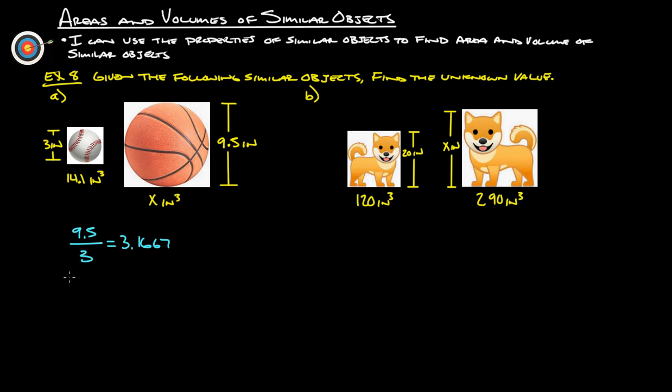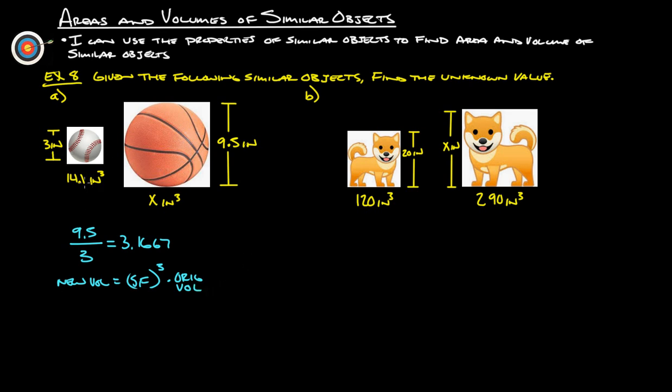And then if you'll remember our little formula from the beginning of the notes here, the new volume is going to equal the scale factor, since it's volume, it's 3 dimensions, cubed times the original volume.